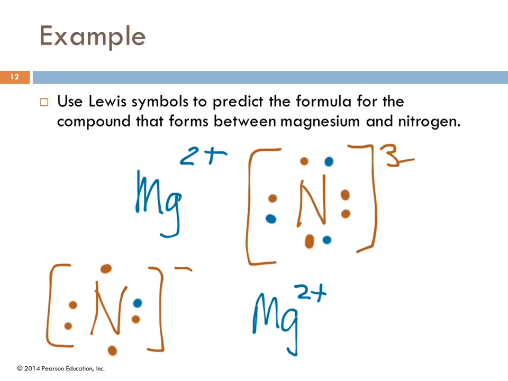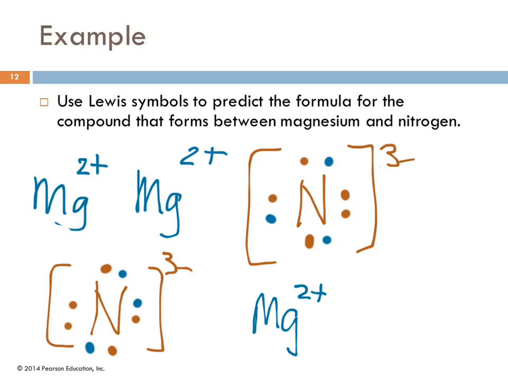Now we have 2 happy magnesiums and 1 happy nitrogen and 1 unhappy nitrogen. What do we need? Another magnesium. You guys are smart. You see where this is going. There's another magnesium. So nitrogen begs 2 electrons off of that magnesium. Now this magnesium's a 2 plus charge, and this nitrogen is 3-.